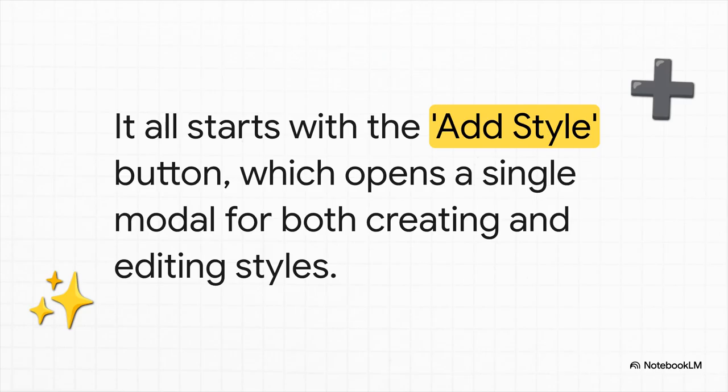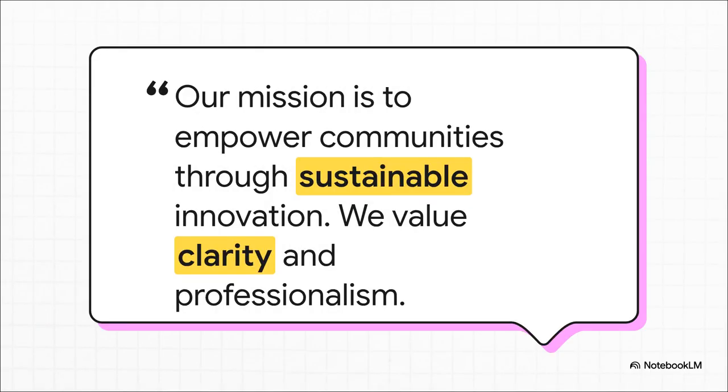It makes for a really consistent and, frankly, easy-to-use experience. No guesswork. And this is where you provide the raw material. You just copy and paste a piece of text, something like this mission statement, right into the form. You can almost feel the tone just by reading it, right? It's professional, it's clear, it's all about sustainable innovation and clarity. This right here is the creative brief that the AI is about to learn from.